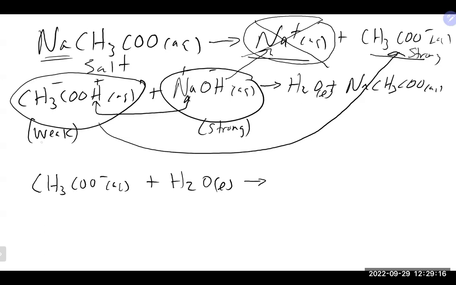Because it came from acetic acid, which is a weak acid, that means technically speaking, our acetate is the conjugate base. So if it comes from the acid, that's its conjugate base. And that's important because when it reacts with water, it's going to react as a base. And a base does what? Accepts an H plus.